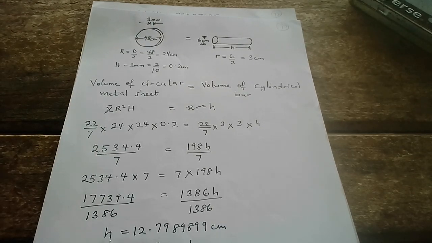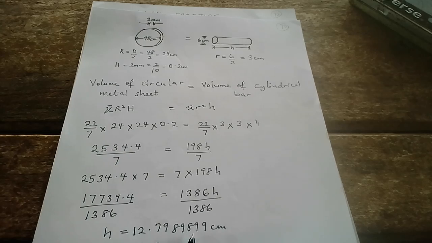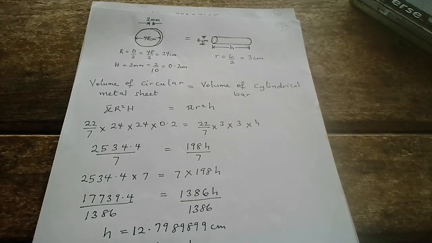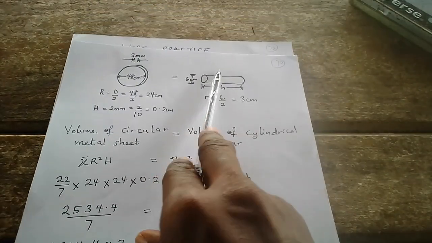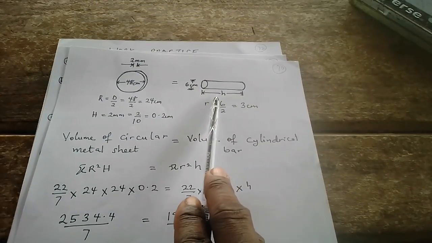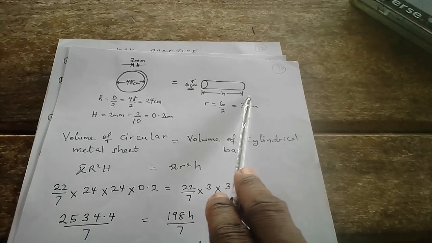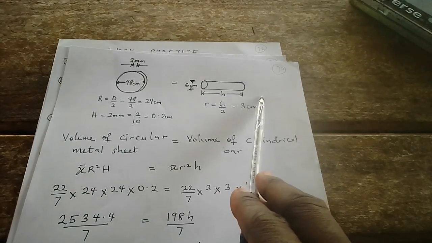Your height will now give you 12.7989899 centimeter. So to 1 decimal place, we are having 12.8 centimeter. So the new height of this new cylinder should give you 12.8 centimeter long.